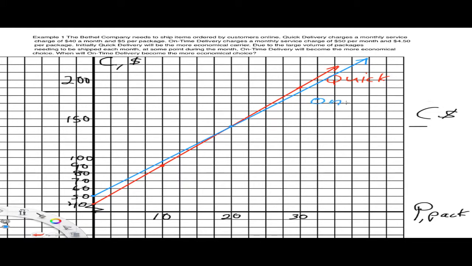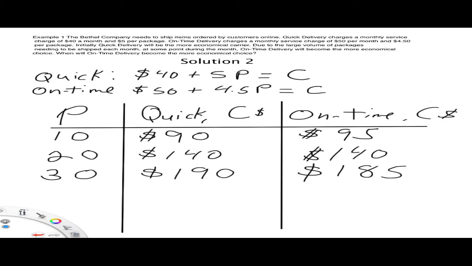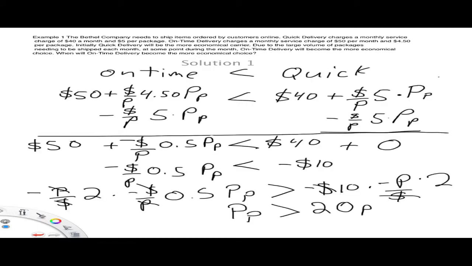So now I have a graphical presentation that agrees with the data that I had from my previous information. So the graph shows me that my intersection is at 20. That's my boundary point. When I looked at the calculations in a table, I saw that my boundary point was at 20. And when I solved for the equation, I saw that the number of packages needed to be greater than 20 in order for on time to be cheaper. So this is our first example for this.